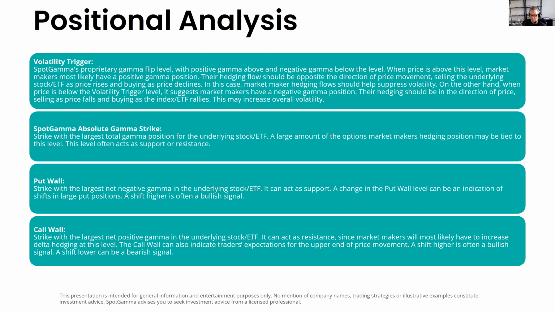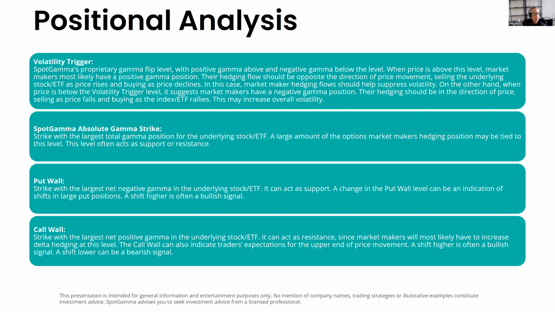So SpotGamma assumes that market makers are short puts and long calls. With positive gamma above the volatility trigger, that is in the positive portion of the gamma curve. SpotGamma assumes that market makers are long calls, so that's positive gamma.